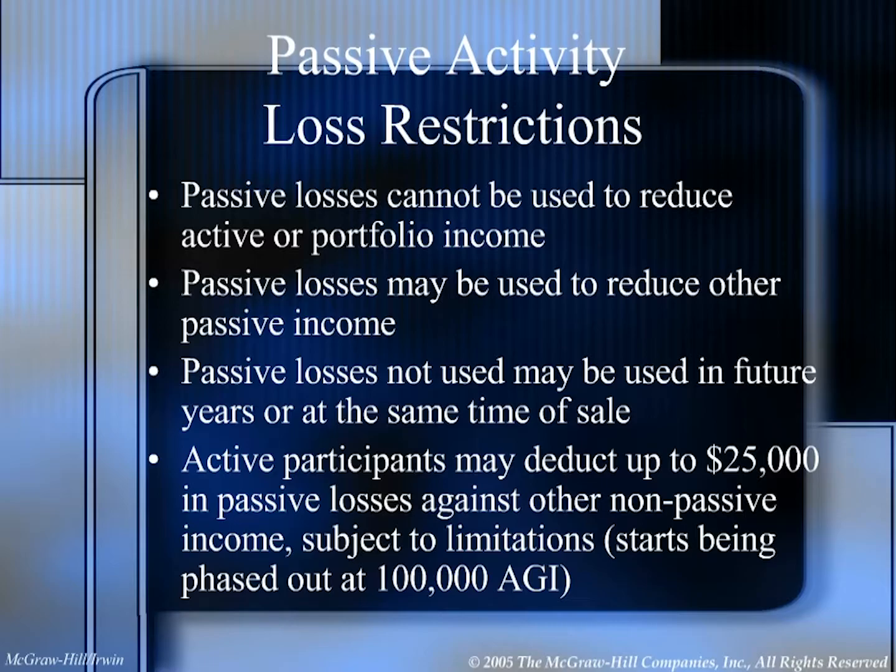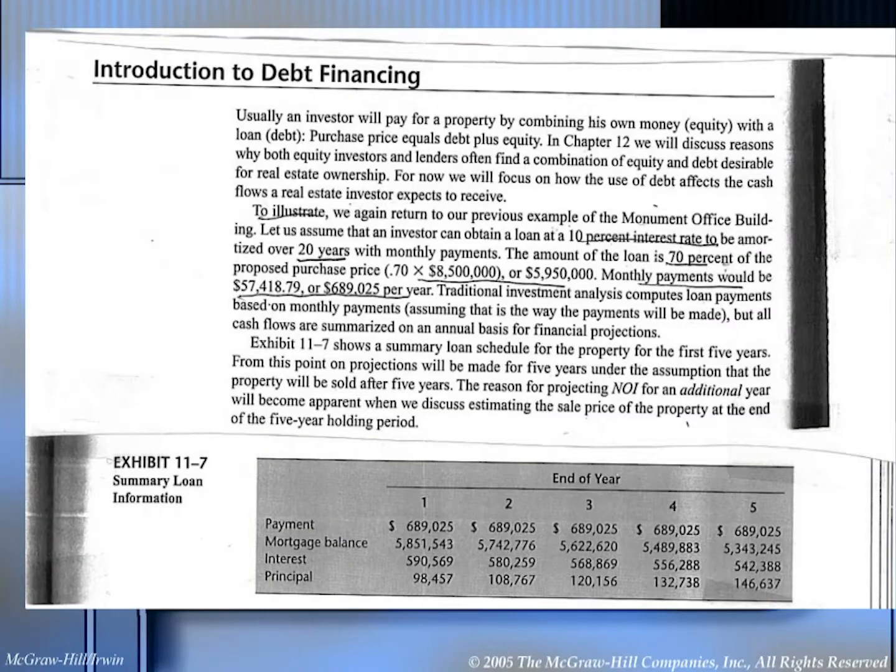Okay. The mortgage balance, you need to find that by finding the present value of all the rest of the monthly payments for the next, let's see, it was 240, so 228 periods. Okay, and then you get the mortgage balance here, $5,851,543. Now, when we started, we had $5,950,000.